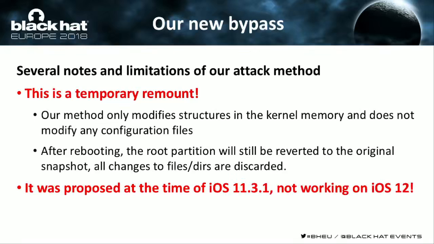So after reboot, the root partition will still be reverted to the original snapshot, and all changes to files and directories are discarded. The second thing we should know is that this method was proposed at the time of iOS 11.3. It may not work on iOS 12.